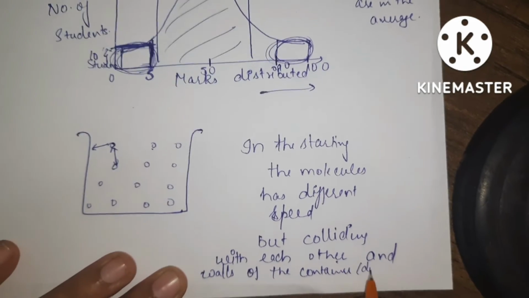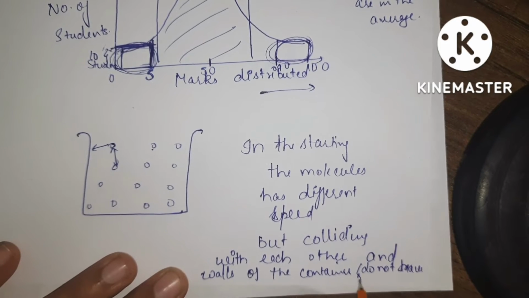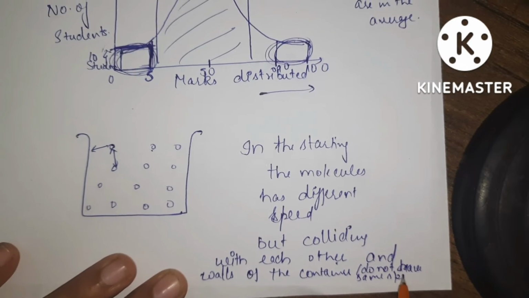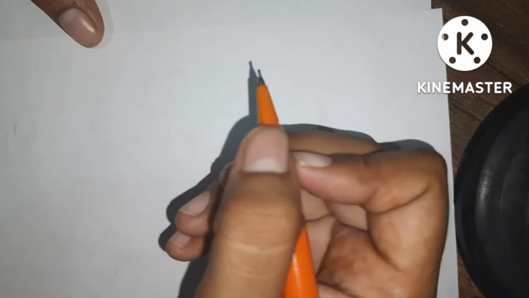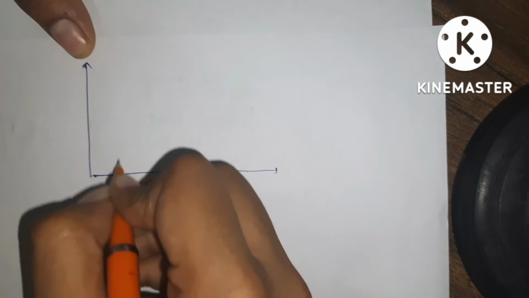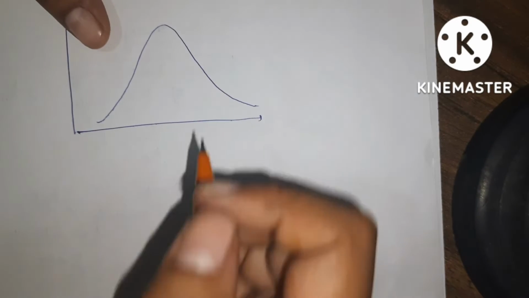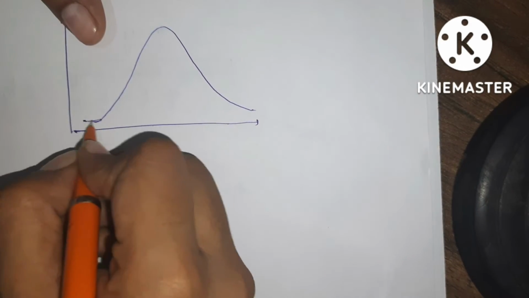As the marks distribution of the class was like this curve, the speed distribution is also like this curve.